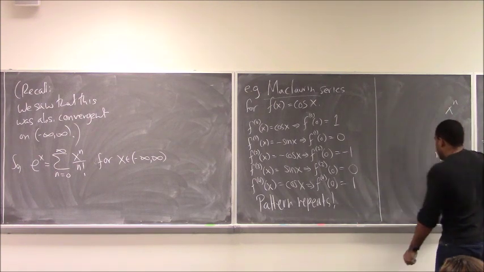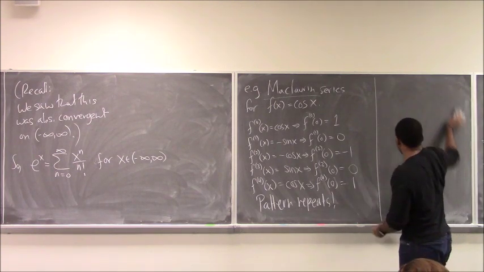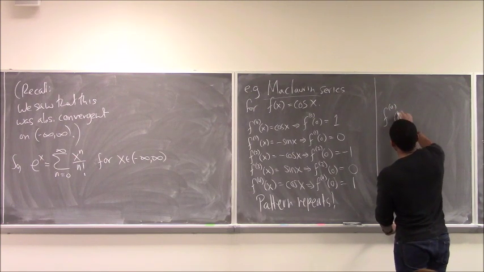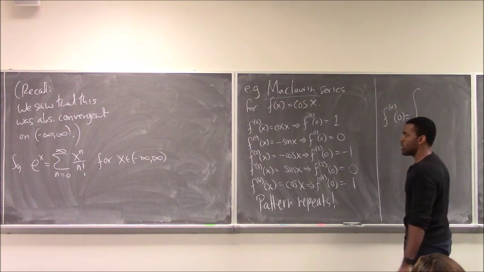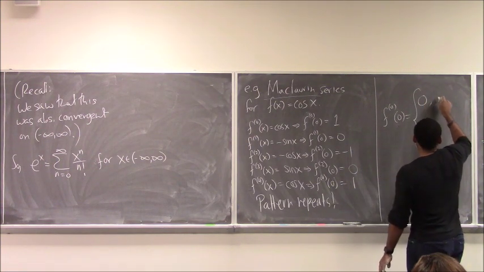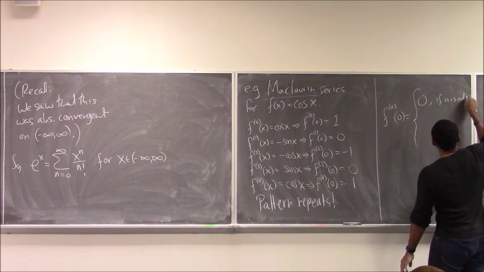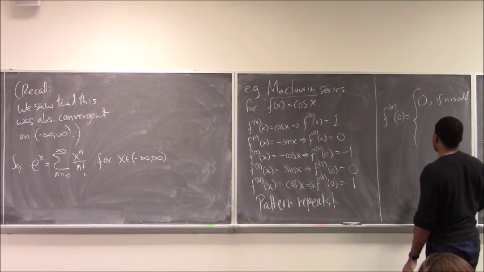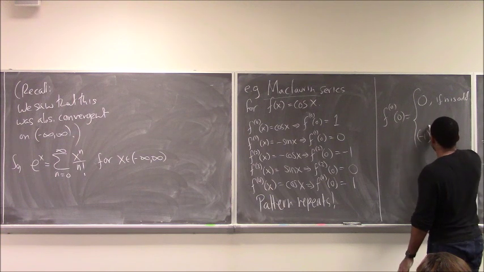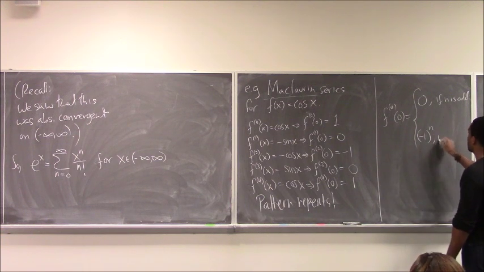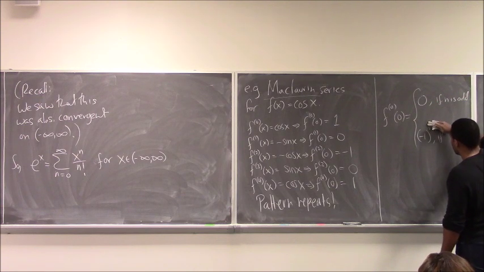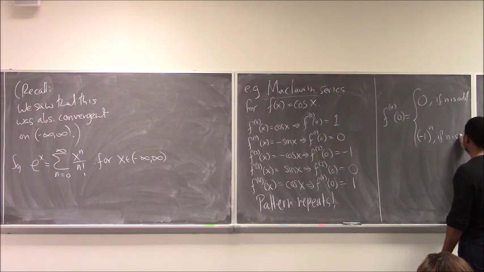So here's how you'd actually construct that. f to the n evaluated at 0 can be described as a piecewise function. First of all, it's going to be 0 if n is odd. And here's what we can do: we can do -1 to the n if n is even.